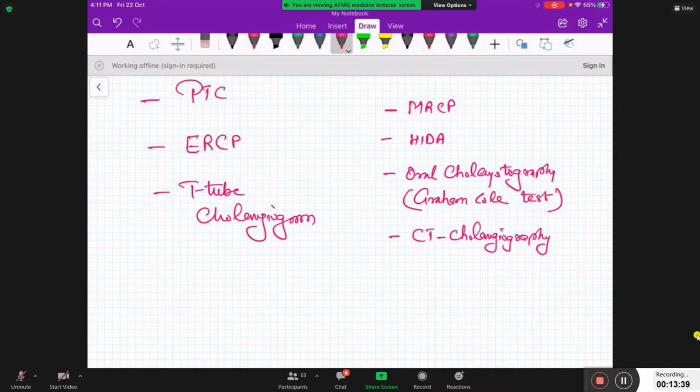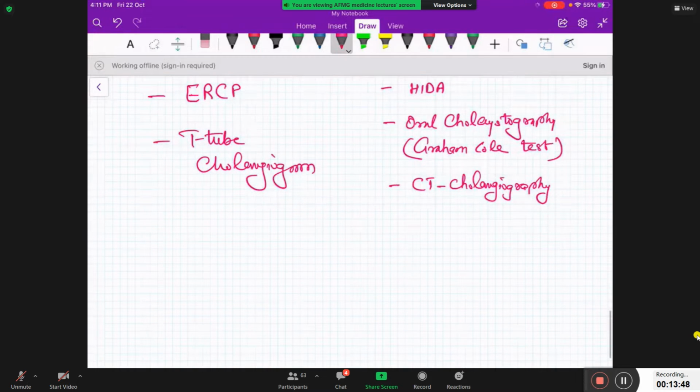Okay, now let us know the theoretical points about these investigations, and then we will understand the clinical part. First of all, ultrasound.